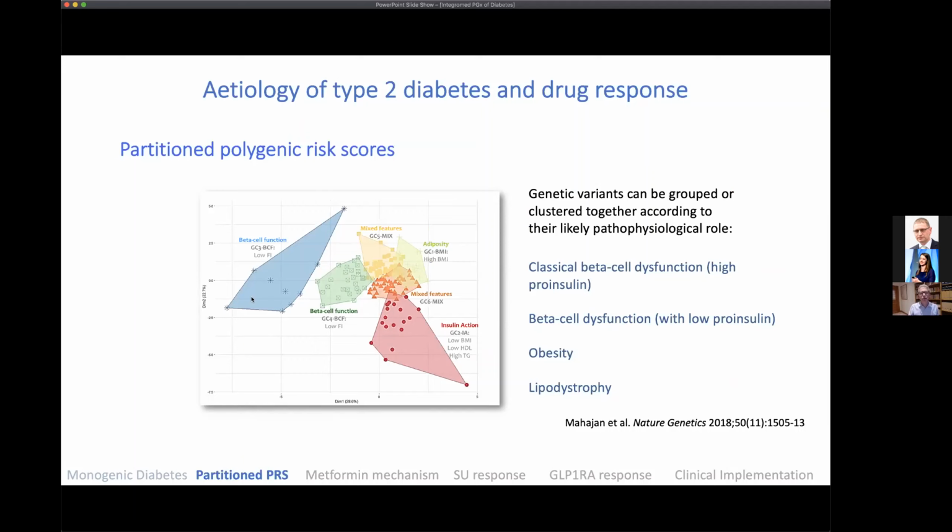So you can see that there is a group of these variants that's associated with beta cell dysfunction. In fact, there's 2 different discrete clusters of beta cell dysfunction that I'll talk about in a minute. There's groups of SNPs that are associated with impaired insulin action, groups associated with adiposity. So what you can start to see is that once you've identified all of these genetic variants, you can start to say whether somebody has diabetes predominantly because they've got these SNPs or because they've got these SNPs, or whether or not actually they're just in the middle.